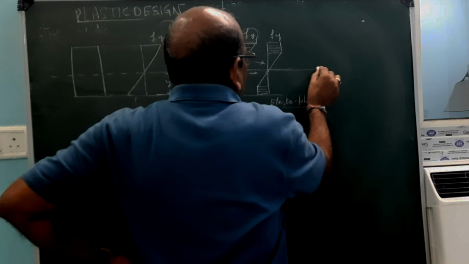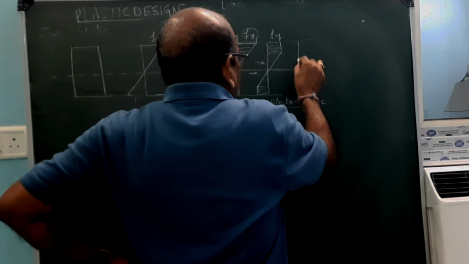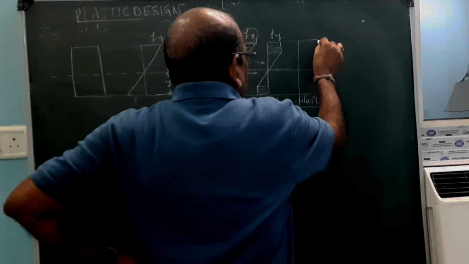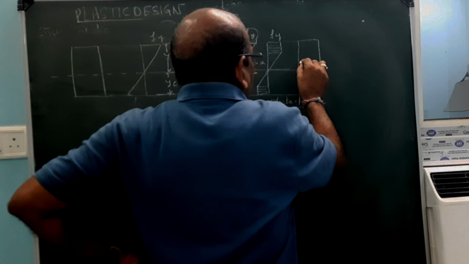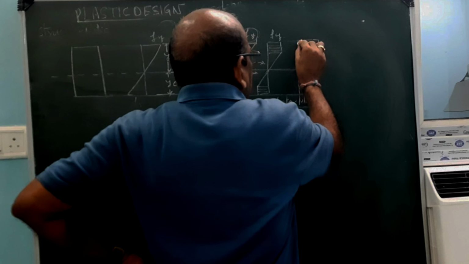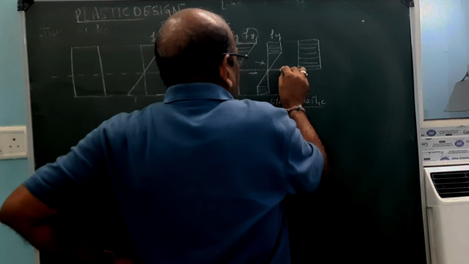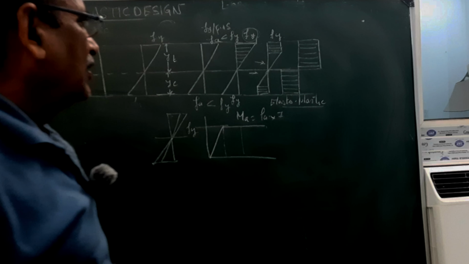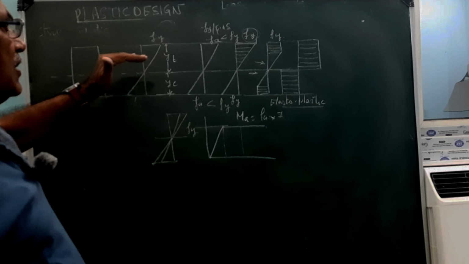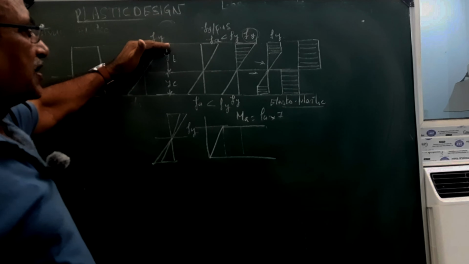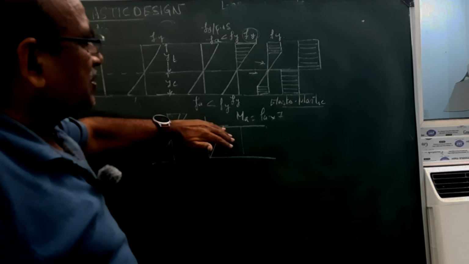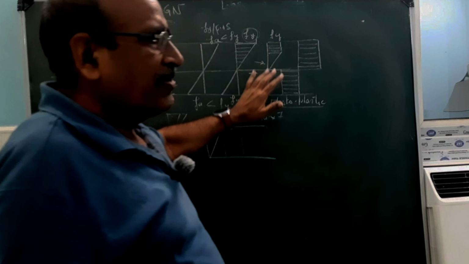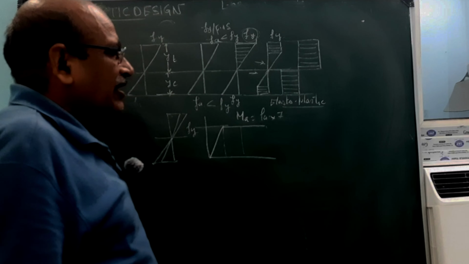Now what will happen if you keep on loading, keep on changing the strain? All the fibers will get stress in this way. Gradually, without changing the yield stress, by changing the strain up to the ultimate strain, we get this type of diagram.